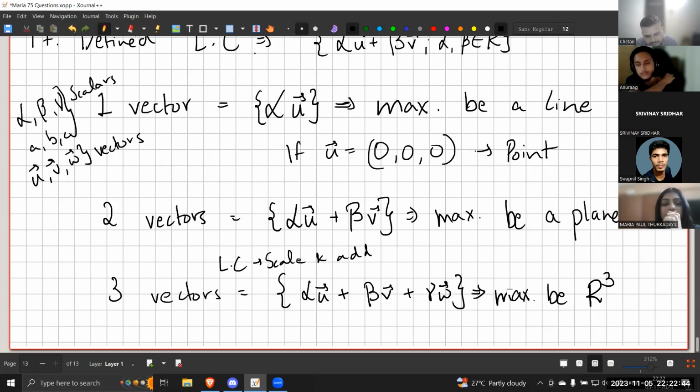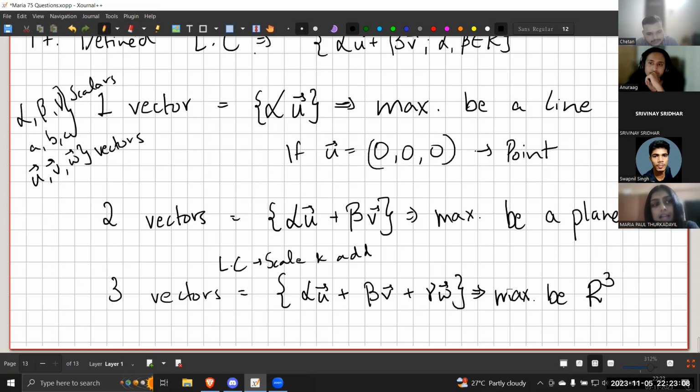With just two vectors, if u is some vector, then we have to take a v vector that does not lie on u, and then the w vector should be one that does not lie on u or v.